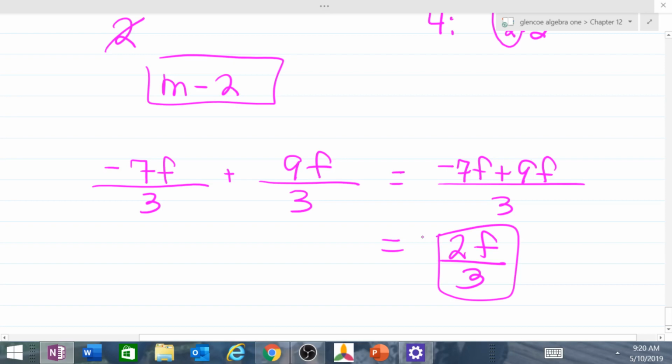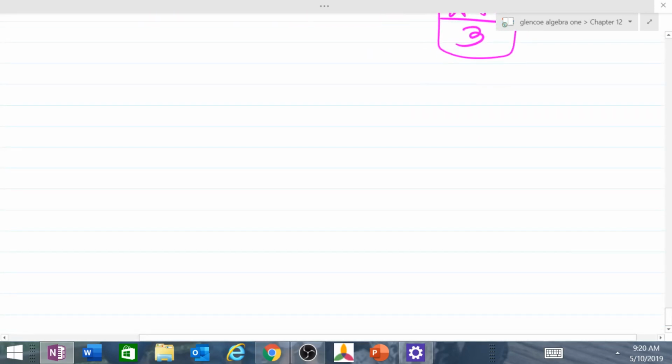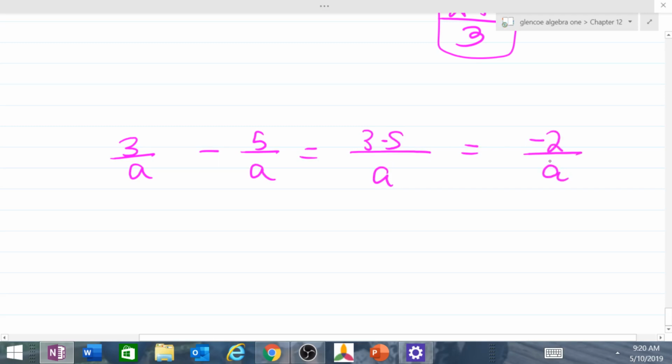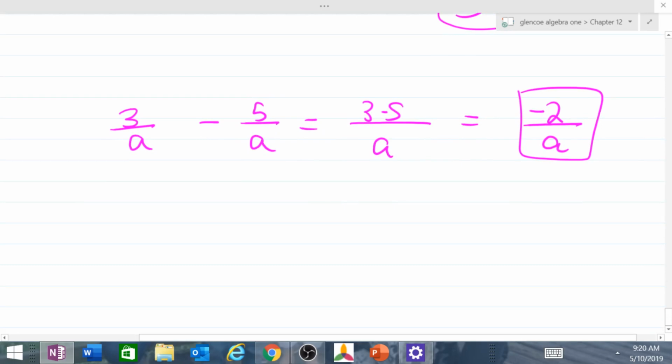Let's just be careful what happens when we subtract. So let me do one with subtraction for you guys. How about if I have 3 over a minus 5 over a becomes 3 minus 5 over a, or negative 2 over a.